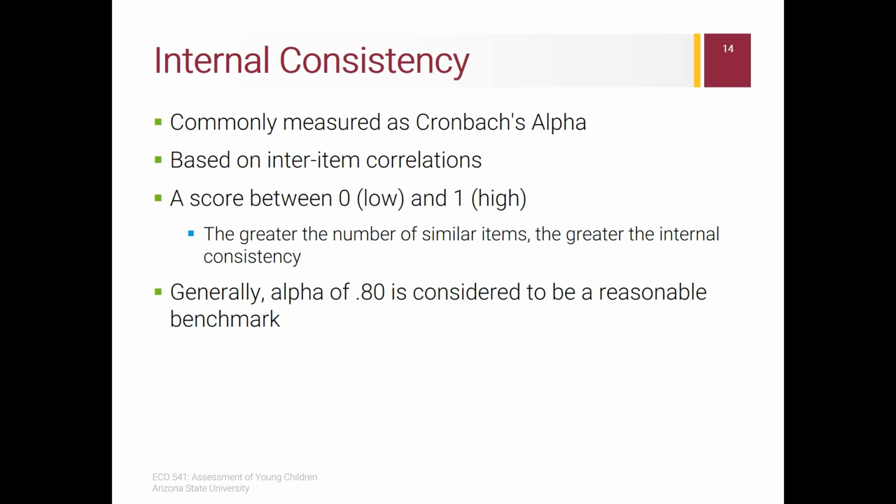A score between 0 low and 1 high is obtained. The greater the number of similar items, the greater the internal consistency. That's why you sometimes give very long scales, asking a question a variety of different ways. If you add more items, you get a higher Cronbach's alpha. Generally, an alpha of 0.80 is considered a reasonable benchmark.